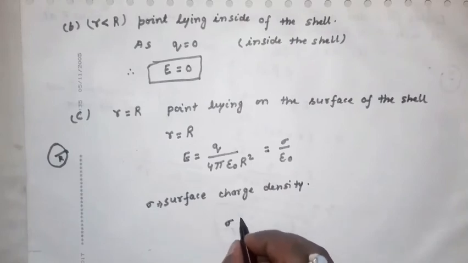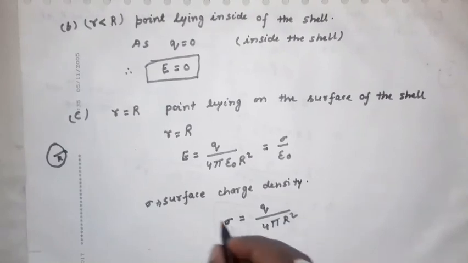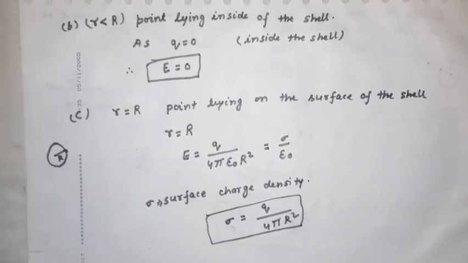And this sigma is given by q upon 4 pi R square, charge divided by surface area. So going in this way, we can calculate the field lying on surface of shell.